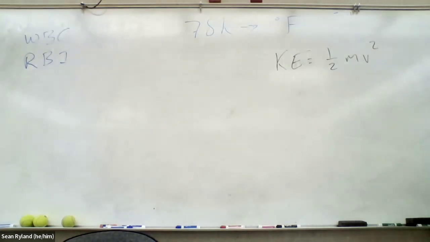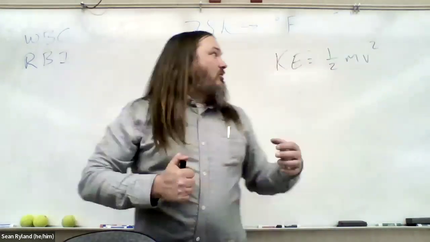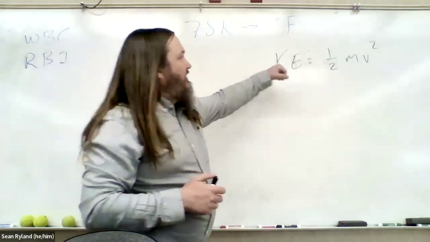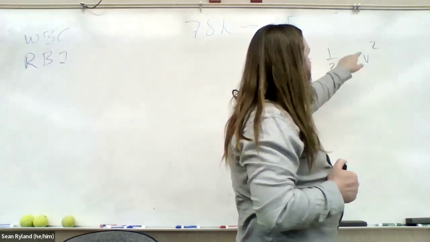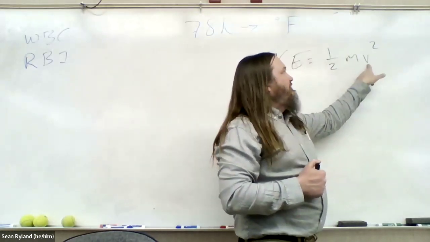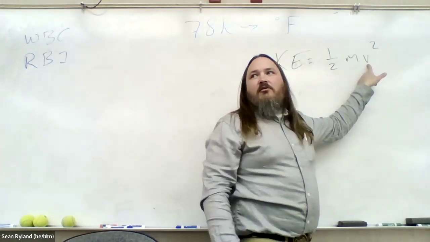Think about pool balls on a pool table. If one of those balls is moving relative to another and it bumps into it, it transfers some of that kinetic energy to the stationary ball. Right? So the original definition from physics is kinetic energy is equal to 1/2 mass of the object times the velocity of the object squared.